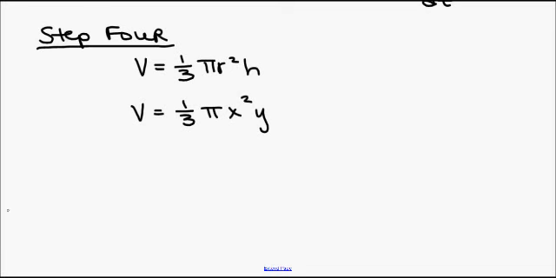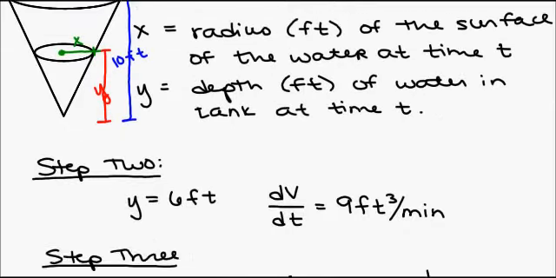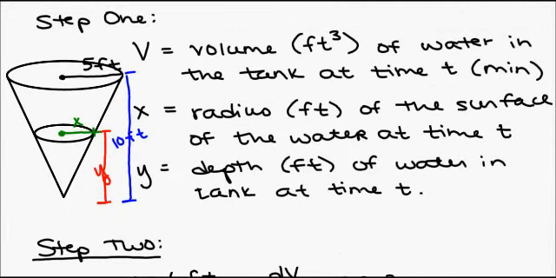So I'm going to go back up to my diagram and add a line in here. I see that I have two right triangles formed by this line that I just drew, the edge of the cone, and my two radii.